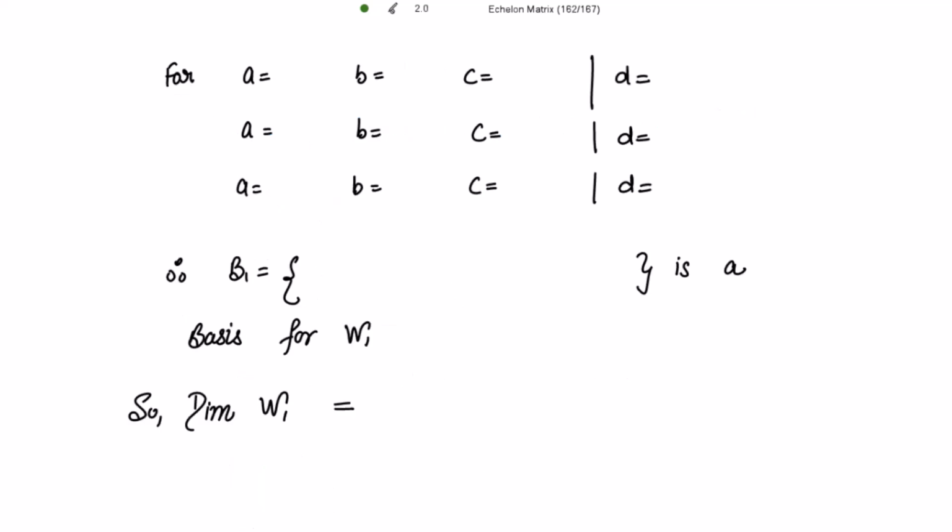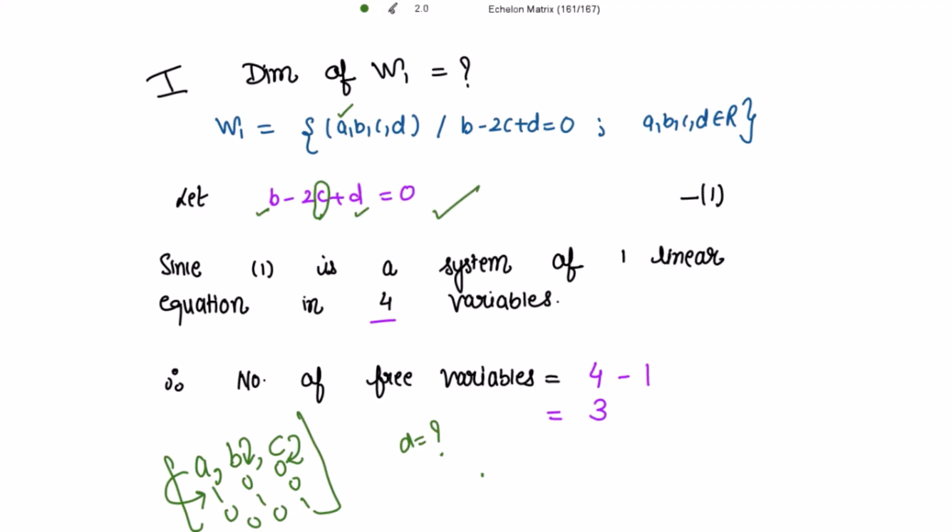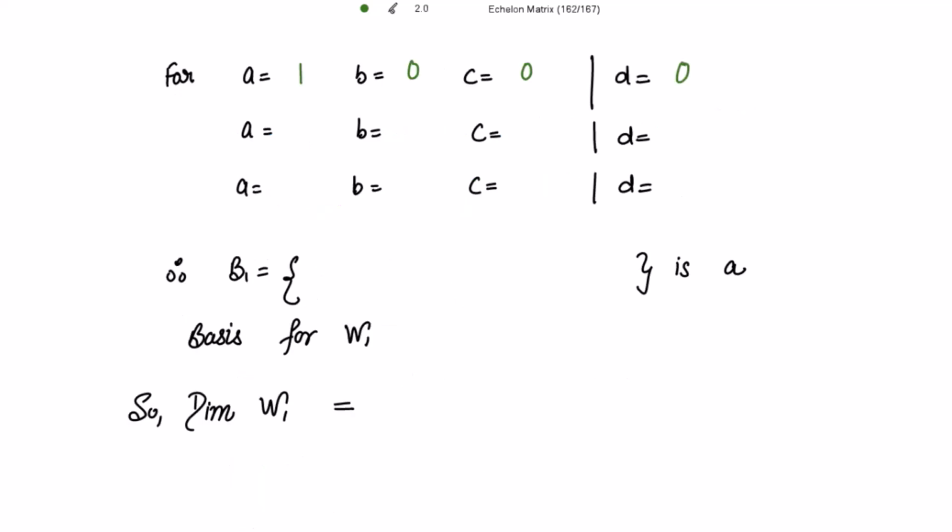So for A equal to 1, B equal to 0, C equal to 0, we need to get the value of D from this equation. Now for the first set, B is 0, C is 0, so D is 0.